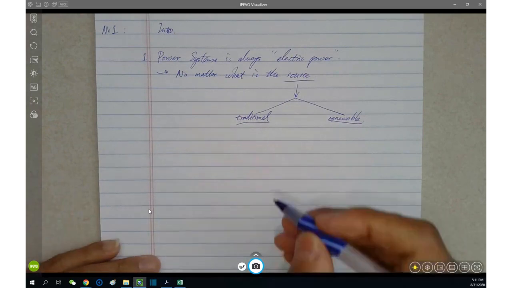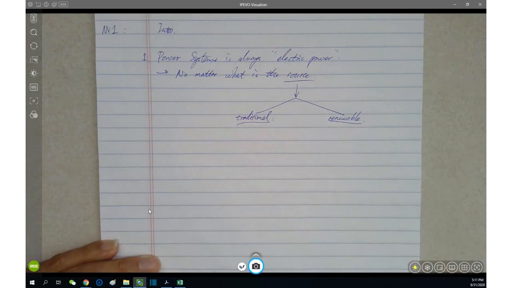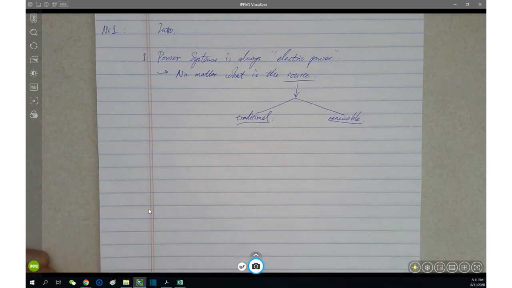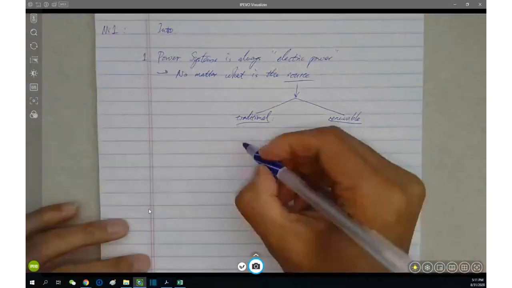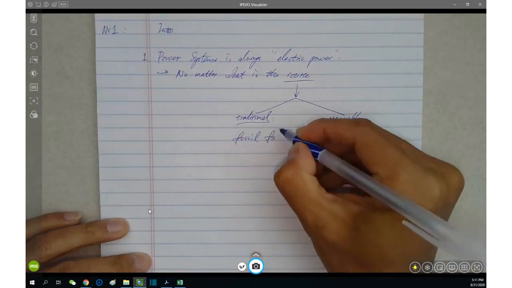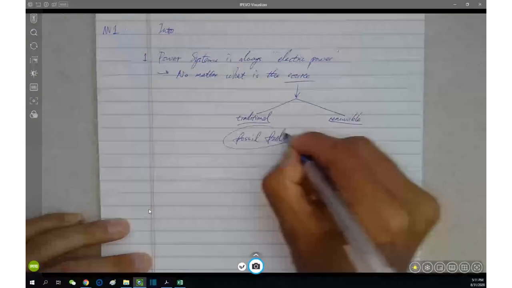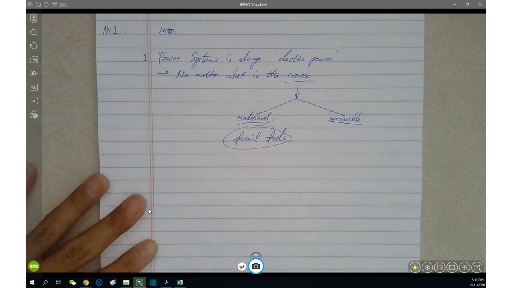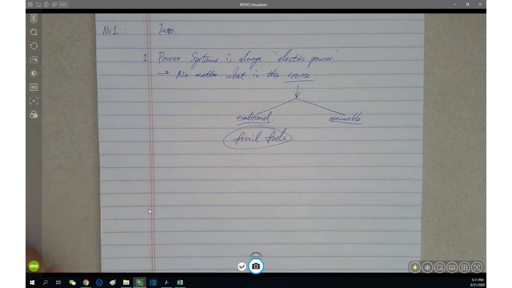What sources do traditional power systems use? Coal, natural gas, et cetera. They are fossil fuels. They're not renewable at all. You use them and they're out. One day, sooner or later, they're going to be out.